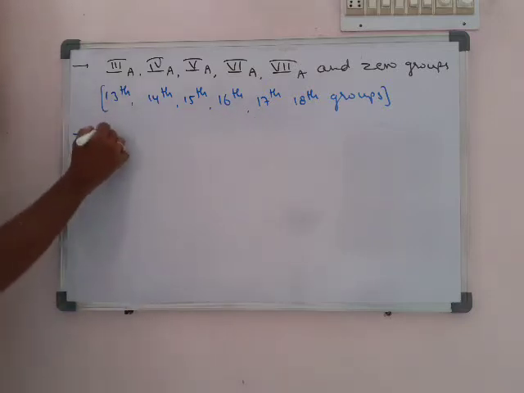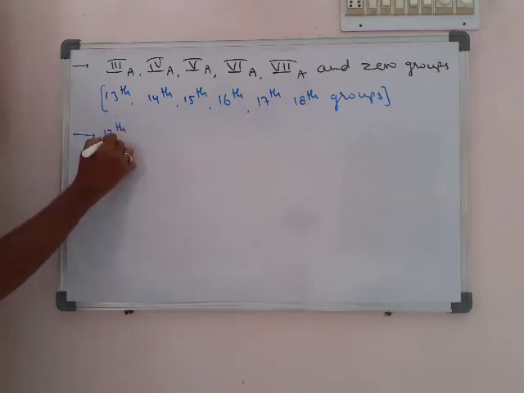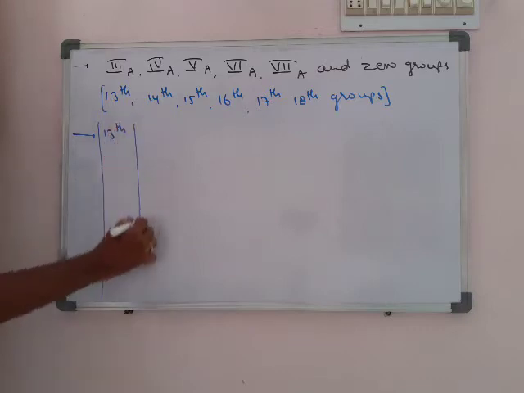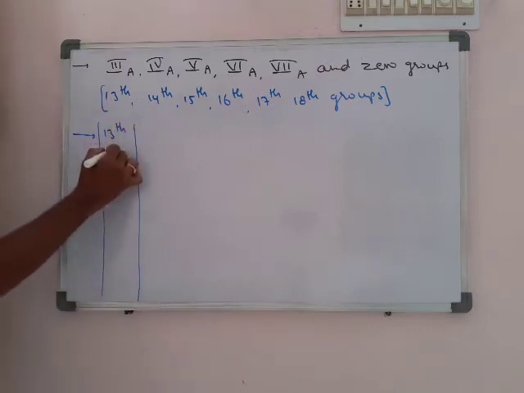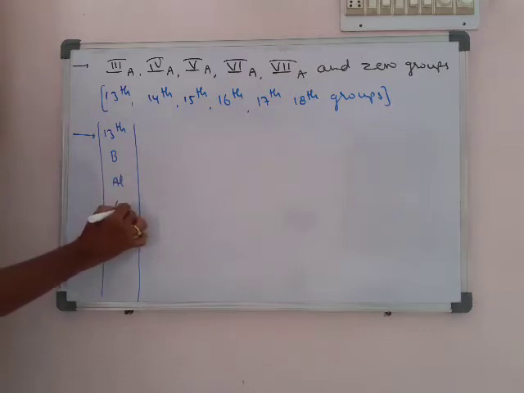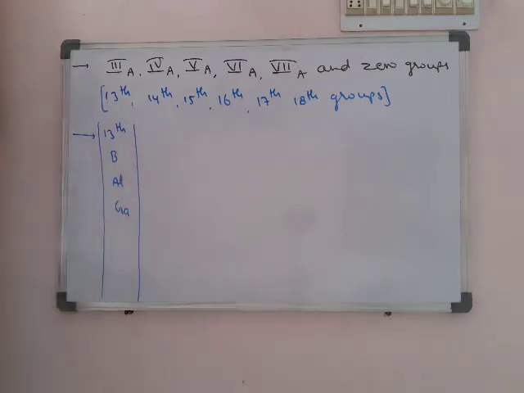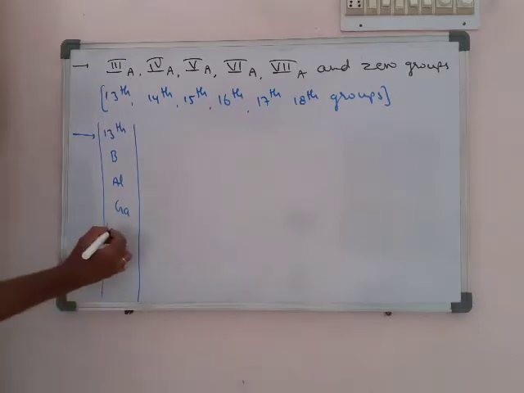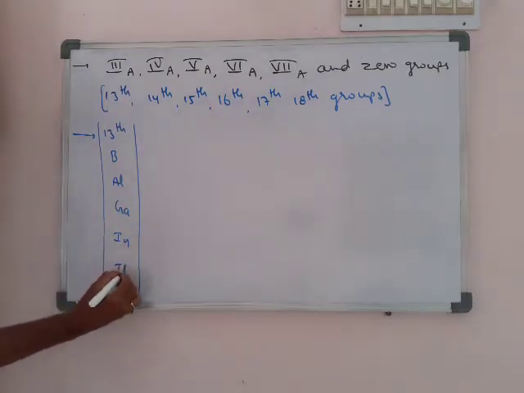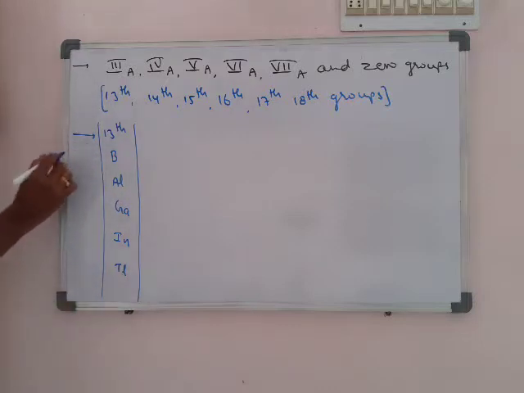So what are the 13th group elements? They are boron, aluminium, gallium, indium and thallium.